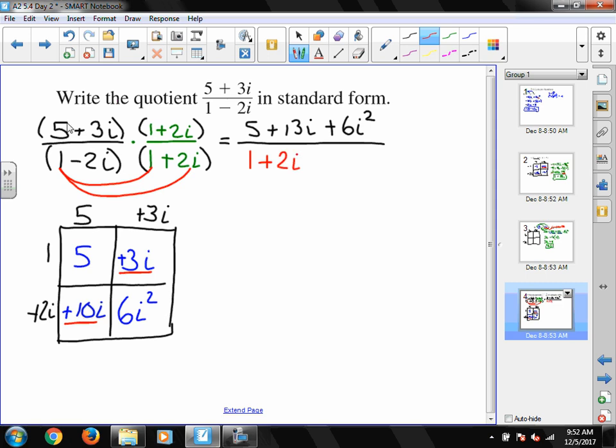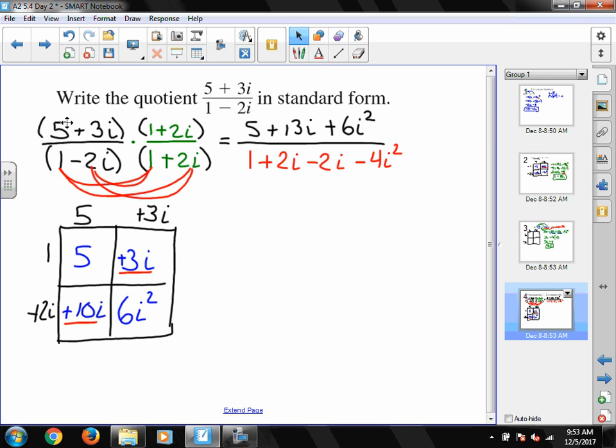Pay attention to your signs. Inside, negative 2i times 1 is going to give me minus 2i. And negative 2i times positive 2i is going to give me minus 4i squared. Again, the 2i minus 2i will cancel out.